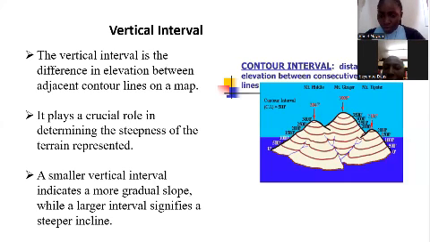You subtract them, and then you get the vertical interval. Are we together? Yes, I've understood. Are we together? Yes, please.